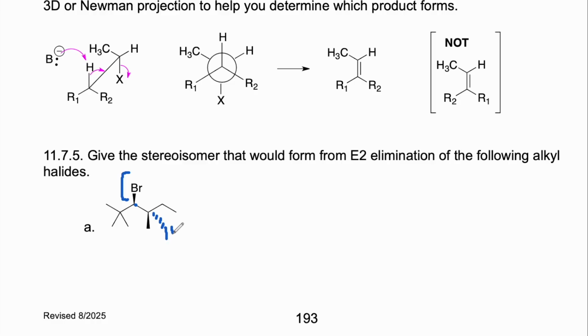And in this case, the way that this is currently drawn with the zigzag, it does have the hydrogen in the right configuration. So we can draw a product that looks a lot like what we already have here on the paper. We already have something with the ethyl group off to the right and the methyl group down. That is the one that has the hydrogen in the right position. So we could go ahead and draw the product that results from that.